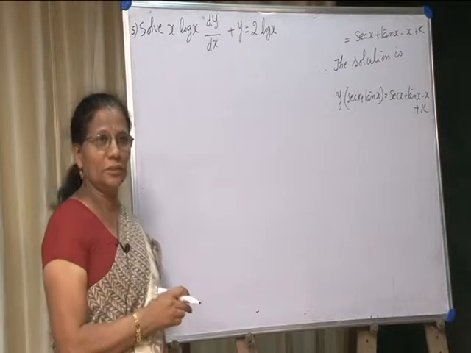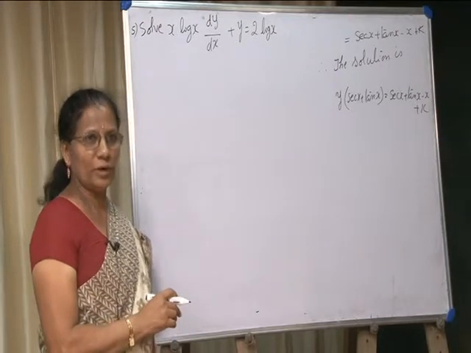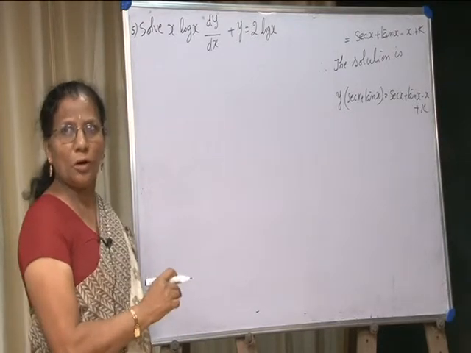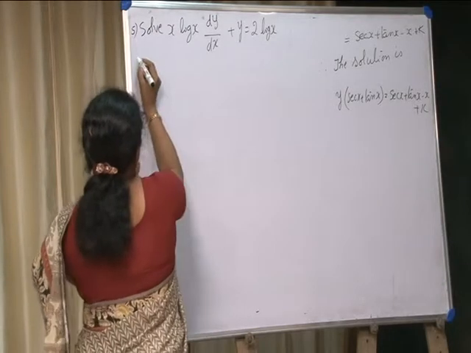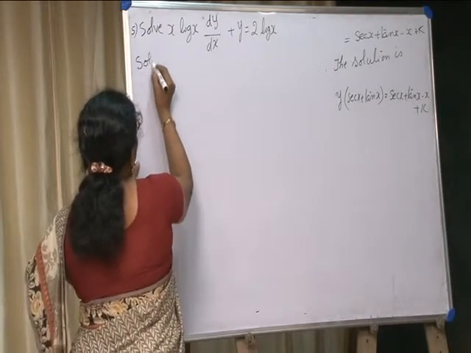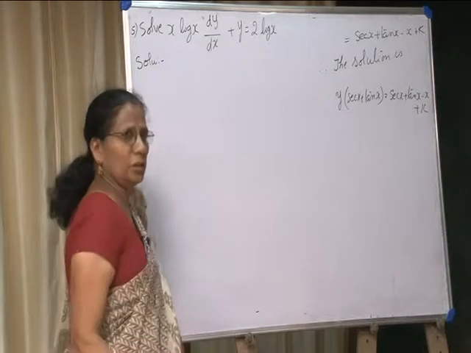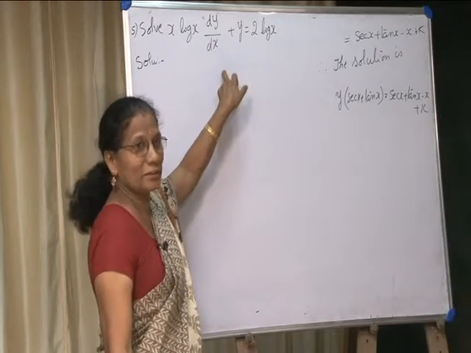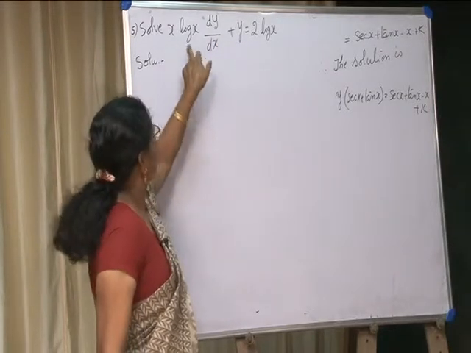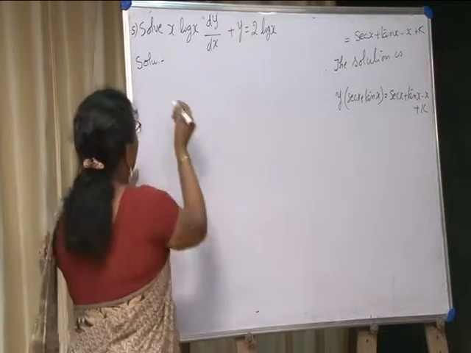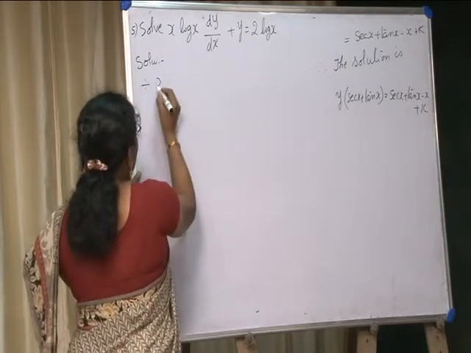We know the linear equation has dy by dx, but along with that x log x is there. Divide the equation by x log x.